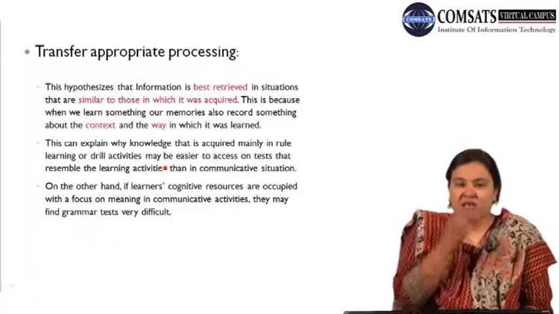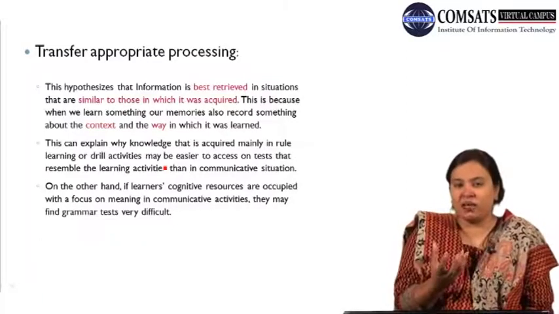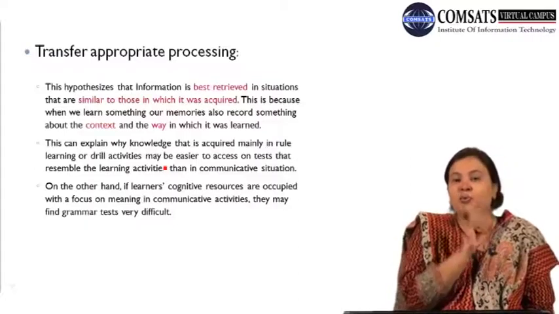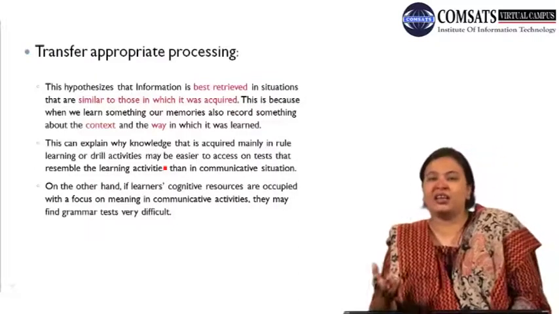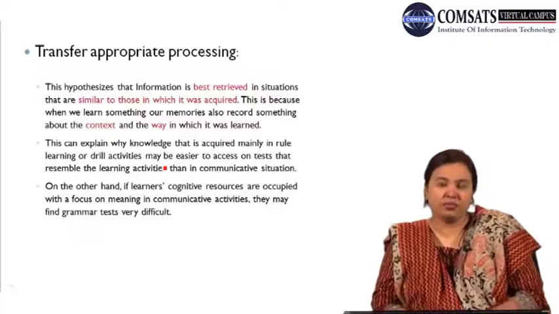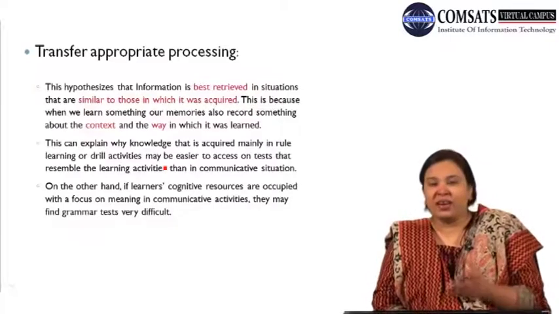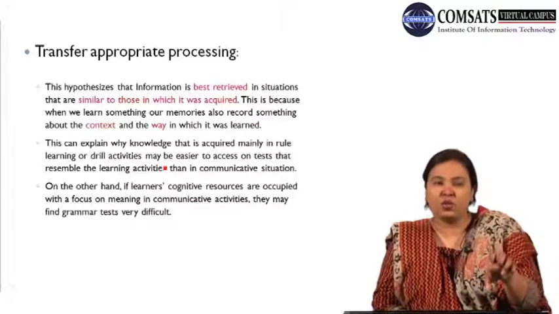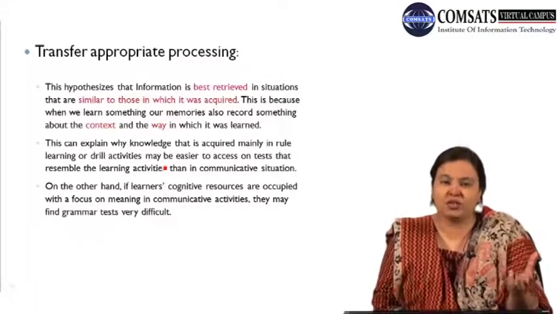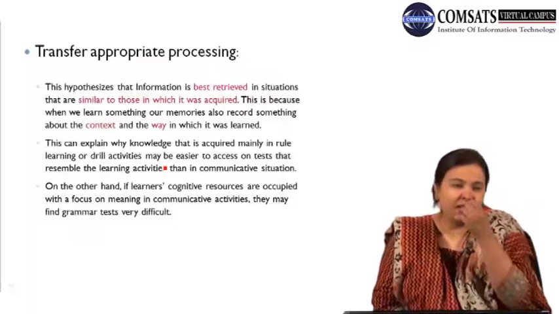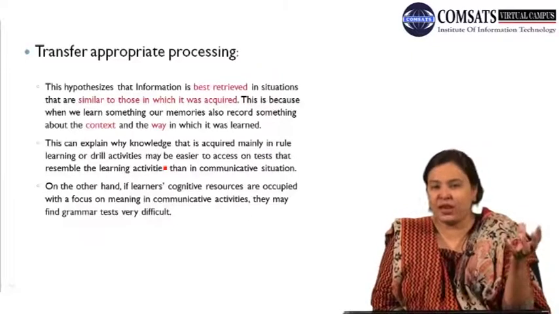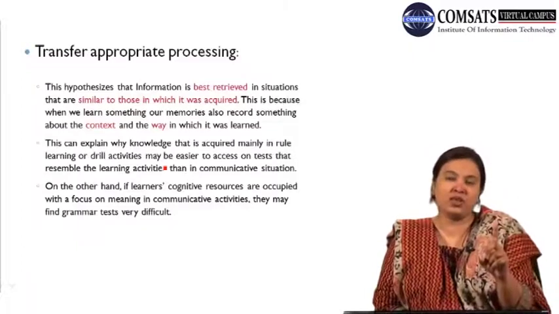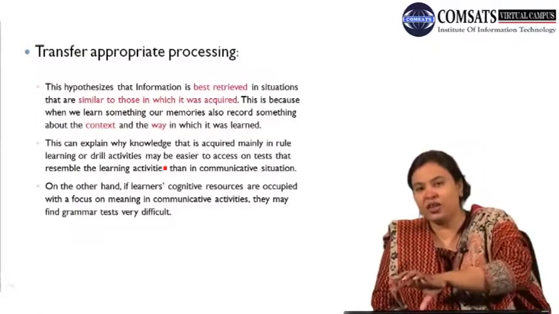I mean, if we associate the learning of things with real life situations, then that learning would be much better than learning that thing out of that situation. For example, the better way to learn the names of grocery items in a second language is to go to an actual grocery shop and learn them. That situation would be very helpful, and that context always remains in your mind with your knowledge.